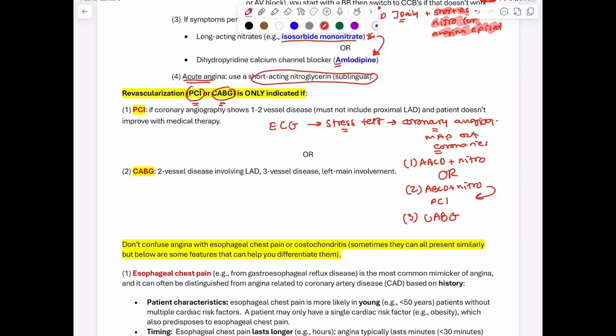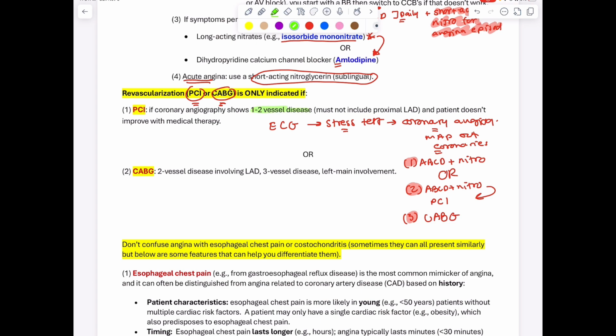Okay, we're talking about how we're choosing. We already discussed this part right here. How are we going to choose PCI versus CABG? PCI is going to be anyone who has 1 to 2 vessel disease.